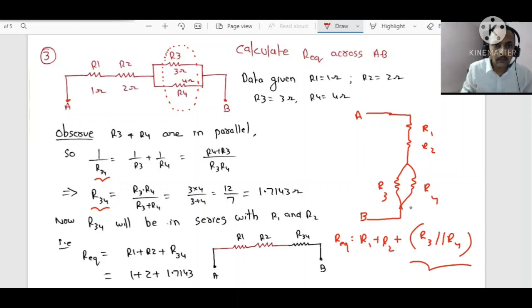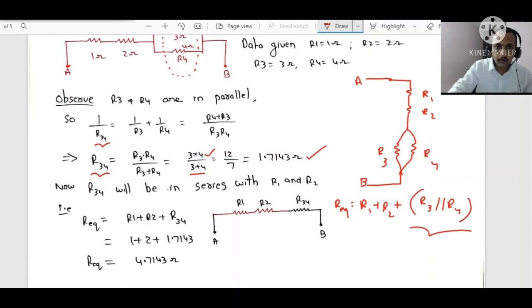But what are the values given? 3 ohms and 4 ohms. 3 into 4 divided by 3 plus 4, you will get 1.7143. Now very, very important: that equivalent value, R34, will be in series with the remaining part, R1 and R2.